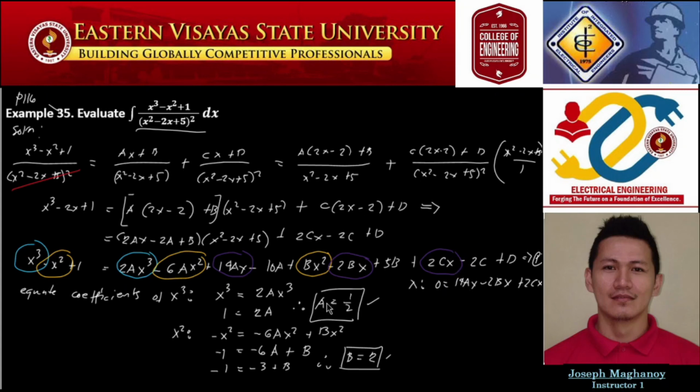Recall that we have a value of a and b, so we can substitute directly. So 0 is equal to 14 times 1/2, that is 7, minus 2 times b, the value of b is 2, then plus 2c.